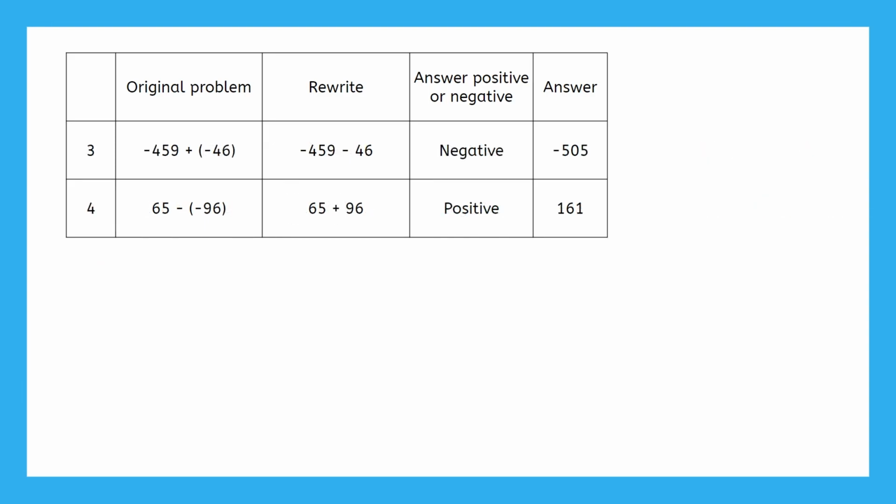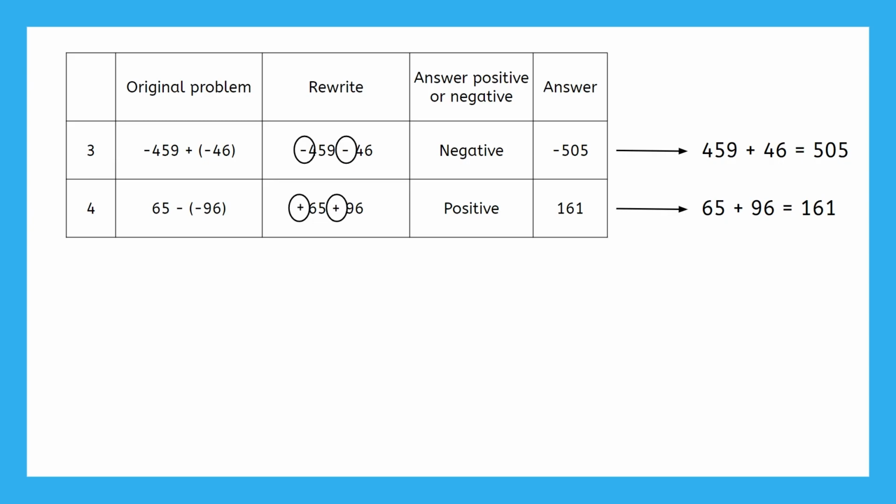In problems 3 and 4, we ended up adding the two numbers. And then again, the final answer was either the positive or negative version of that number, which we had already determined. What do these problems have in common? In this case, there are two of the same sign present. Again, we can place our invisible plus sign in front of this 65 so we can see that we do have two of the same sign.